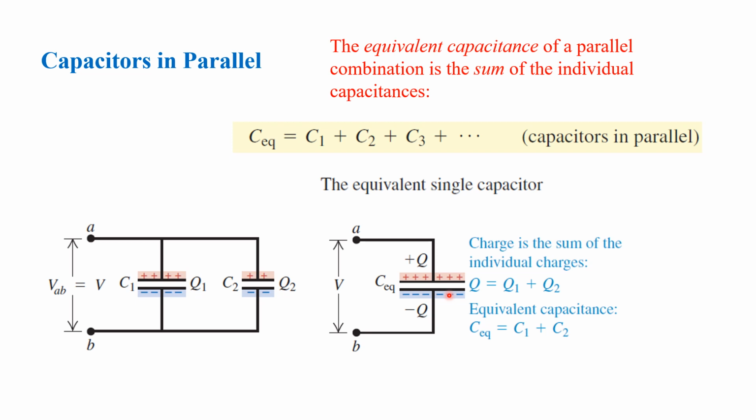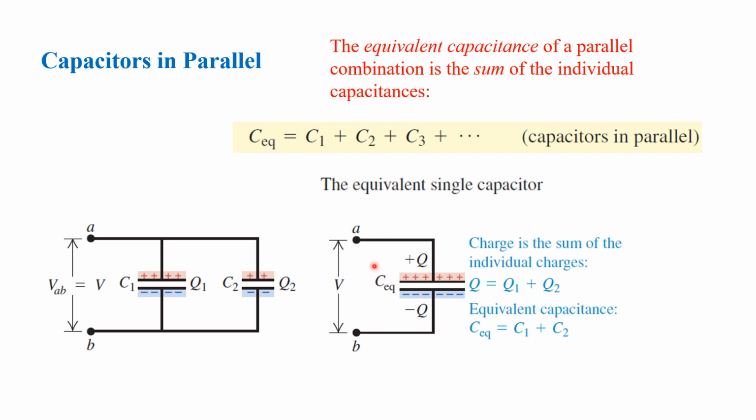Here, the equivalent capacitance of a parallel combination is just the sum of the individual capacitances. That is, C equivalent is equal to C1 plus C2 plus C3. For example, for two capacitors C1 and C2, the equivalent capacitance is C1 plus C2. The charge is just the sum of the individual charges.